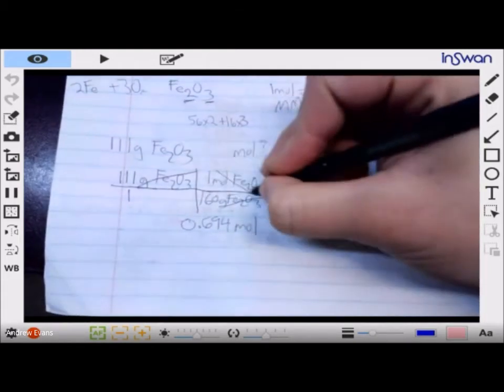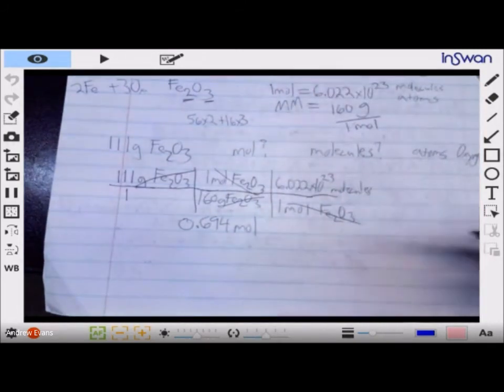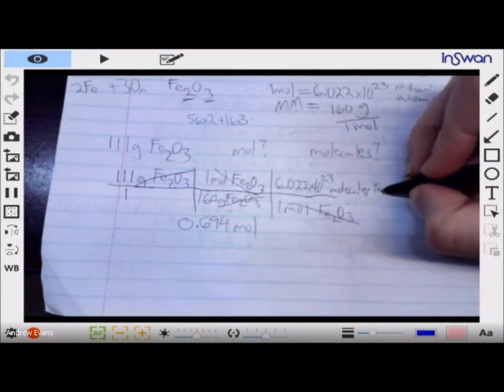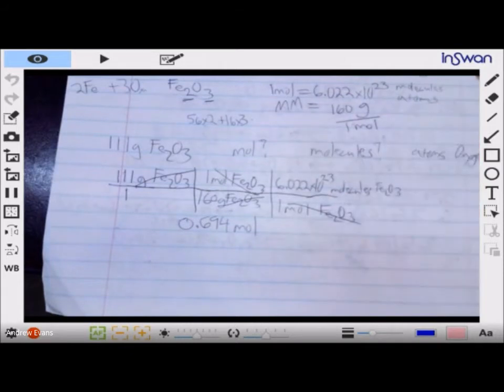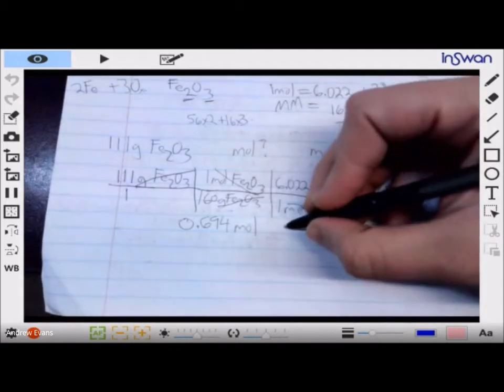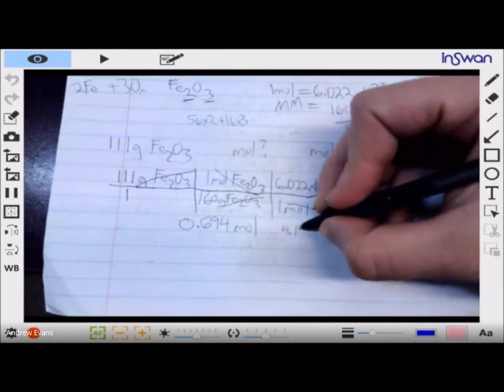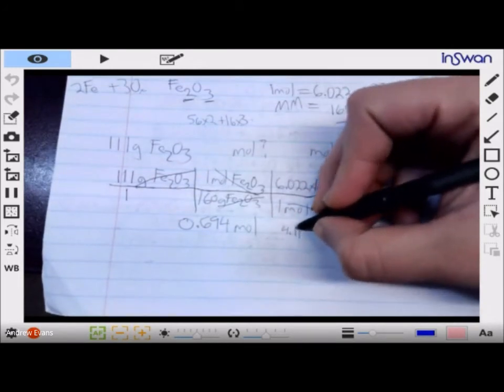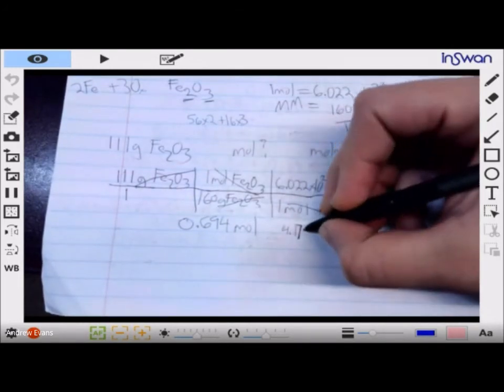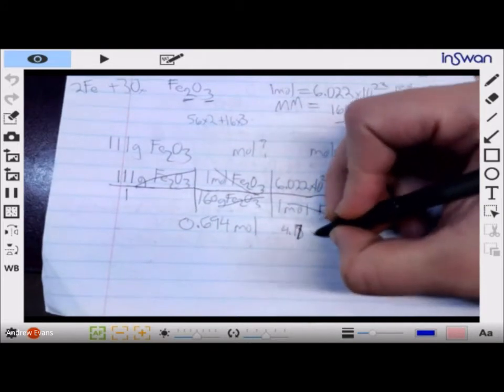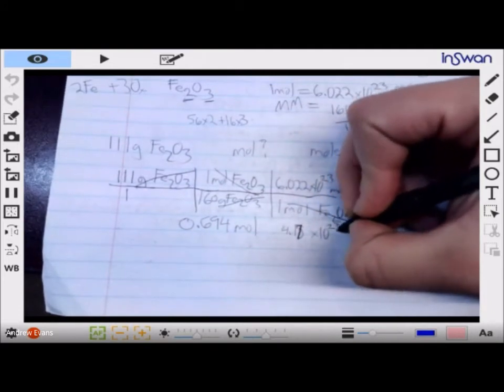Once again, moles and moles cancel out, and we've got molecules of Fe2O3. So I keep working, 6.022 times 10 to the 23rd. That would be 4.17, well, rounds to 4.18, times 10 to the 23rd molecules.